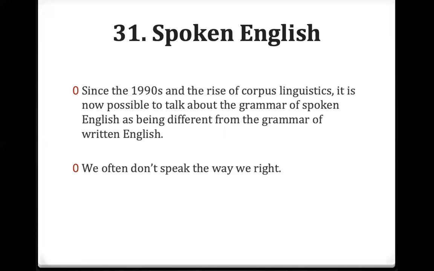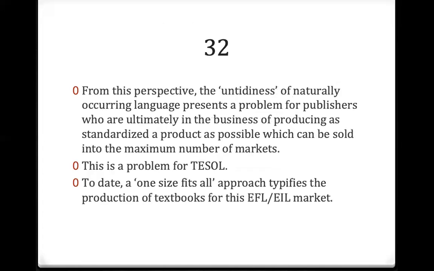Corpus linguistics has made it very clear to us now. Spoken and written English are different. The grammar of spoken English and the grammar of written English is also different, because we often don't speak the way we write, right? This is clear now. Written English is often tidy. Spoken English is often a bit rough, with ruptures and hesitations.